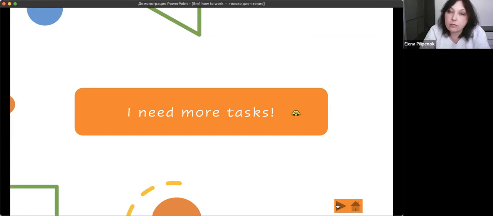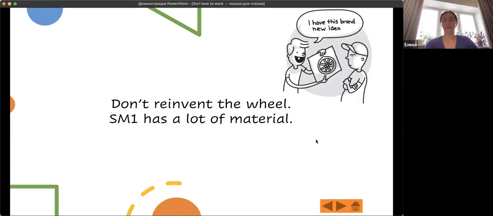So let's look at the first slide then. What I think is that we don't have to reinvent the wheel, and our book has a lot of material. Of course, we can add some extra tasks, but try not to teach only with these extras, because sometimes when I was observing lessons, I saw moments when the teacher was maybe scared of the book.